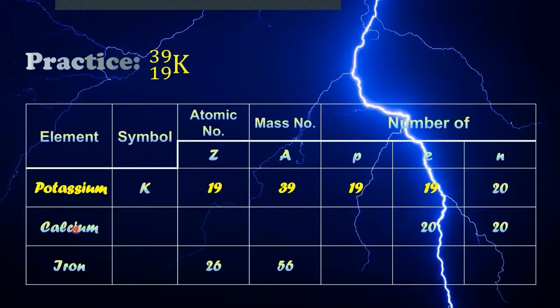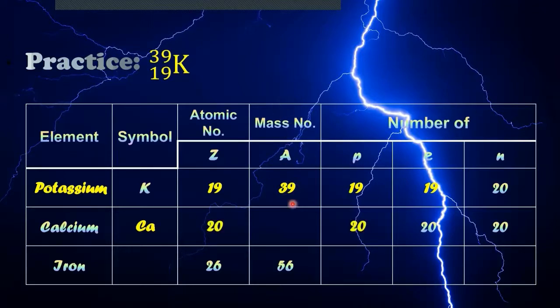On the second example, we don't have this kind of given. What we have is the number of electrons and the number of neutrons. The symbol for calcium is Ca with a small letter a. And the atomic number, take note, electron is already given. So first thing to do is input the value of Z and the value of P, because again, they are always equal: 20 and 20.